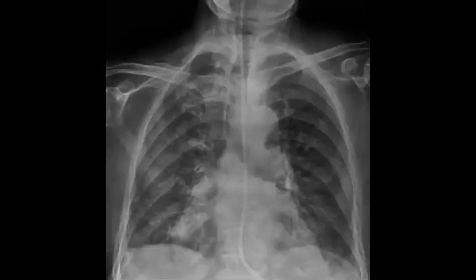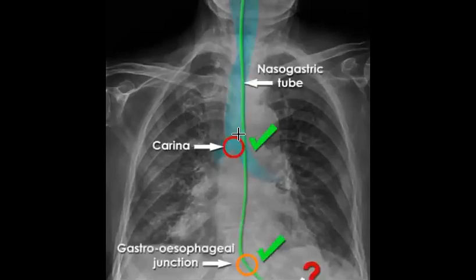So what about this one? Is there any abnormality here? Until here, it's fine because it doesn't pass into either the right or left main bronchus, so it is in the esophagus, and it goes to the good place, the gastroesophageal junction.